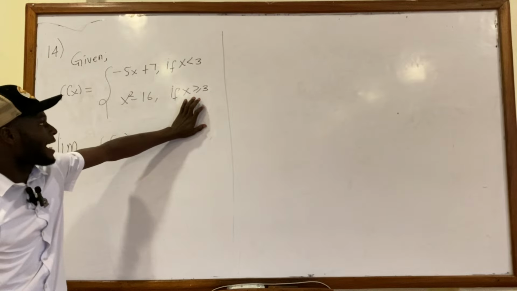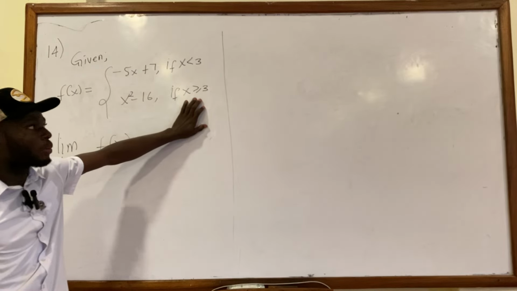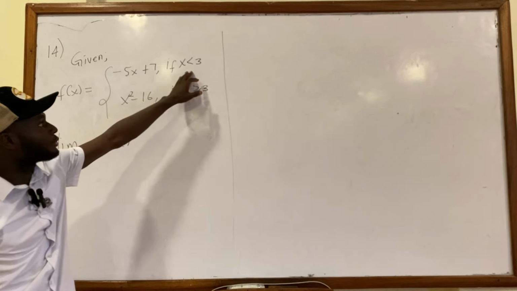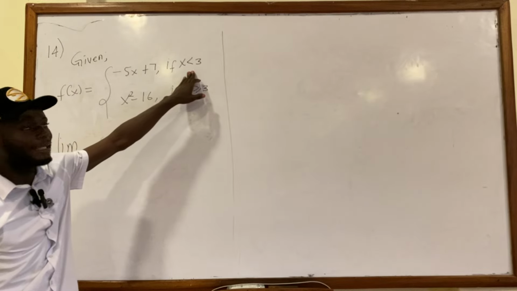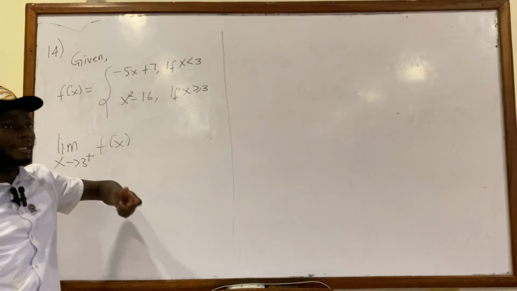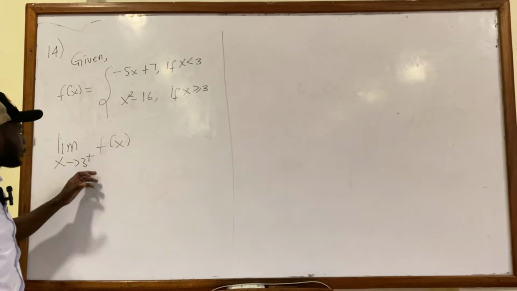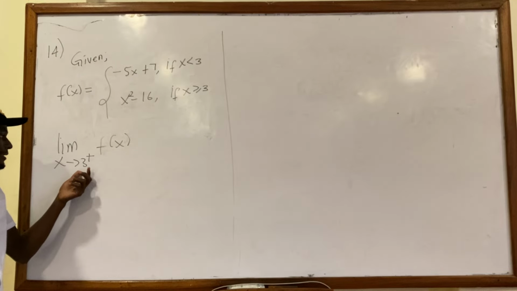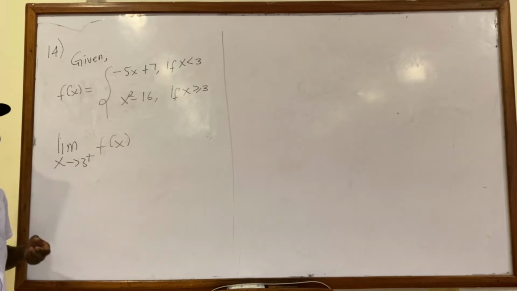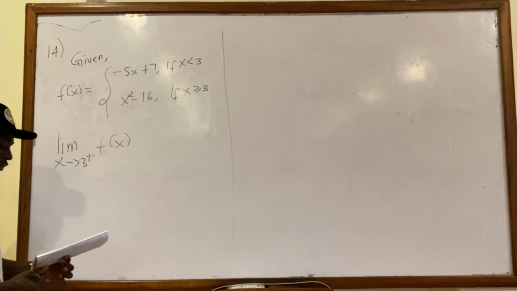It means that x is greater than or equal to 3. We are not going to use x less than 3. x should be greater than or equal to 3, and that will meet the condition of x approaching 3 from the positive side.